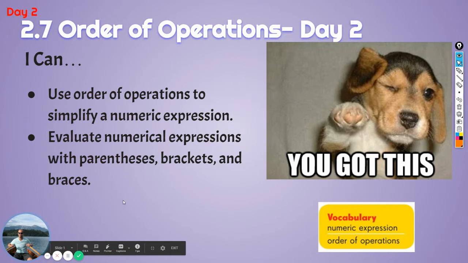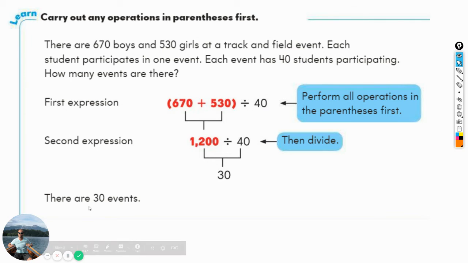Okay, clear the screen. Next slide. Here's the rule. Carry out any operations in parentheses first. You can read this as well as I can. Take a good look, and we'll move on in a moment. Hopefully you paused me.